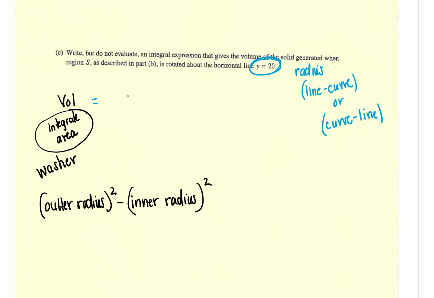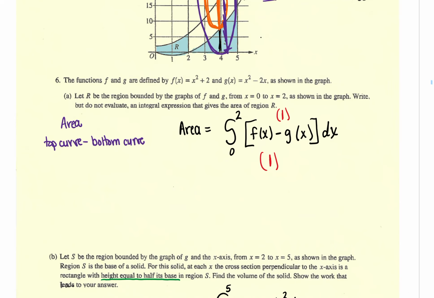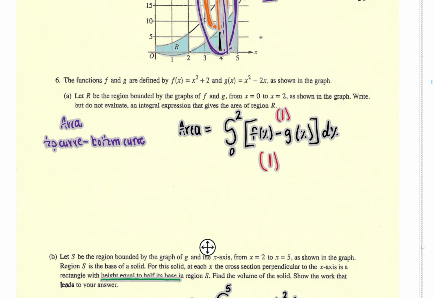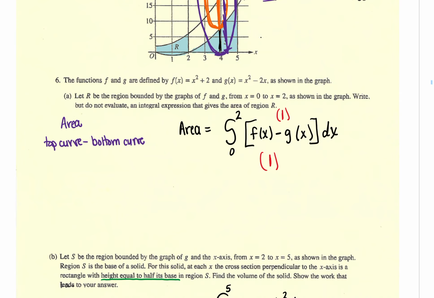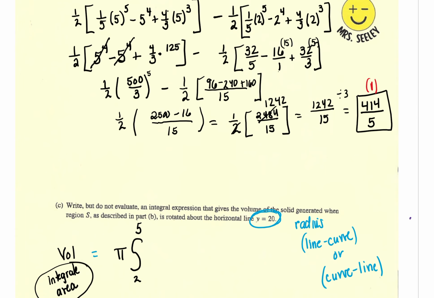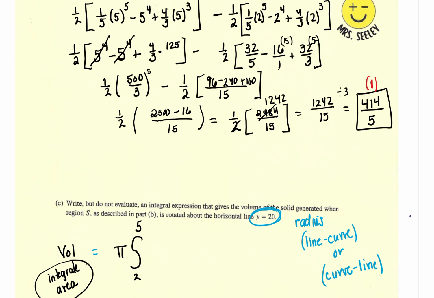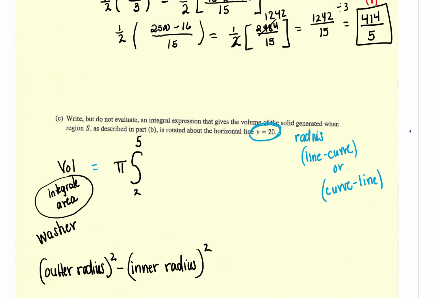The volume is going to be pi. We said we're going from 2 to 5. And so my outer radius, that was this right here. This is the outer, this purple. And that's just the x-axis right there, which is 0. So I'm going to say, I think I will just do maybe the curve minus the line.